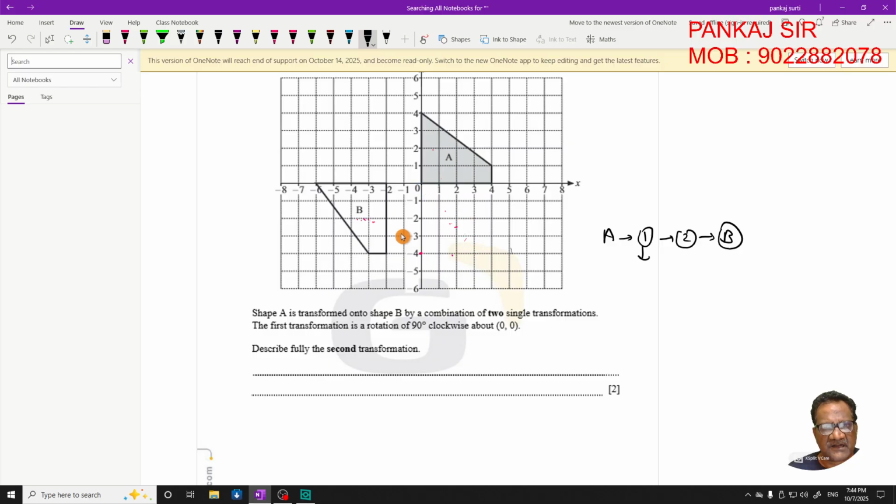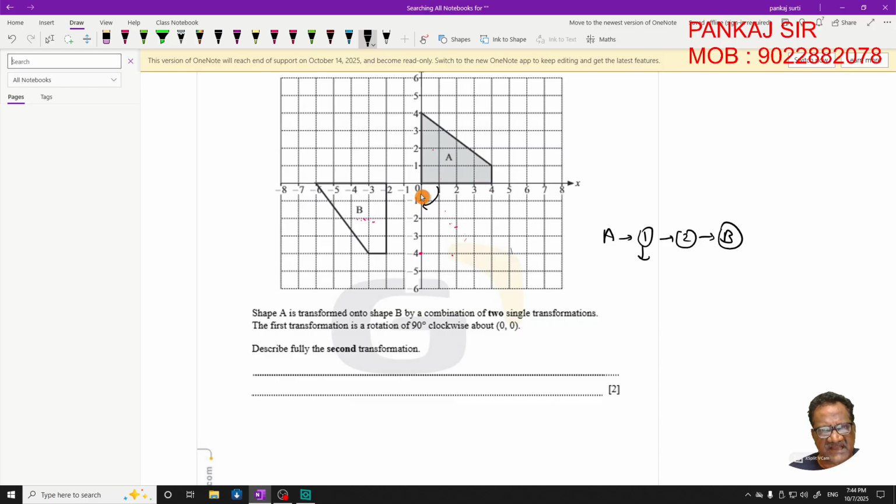Now this is very straightforward. If you want to draw the image after the first transformation, what will it be? This is your object, right? Take this side, which is on the x-axis, the horizontal side. Turn it by 90 degrees clockwise. So you'll have to turn it this way by 90 degrees.